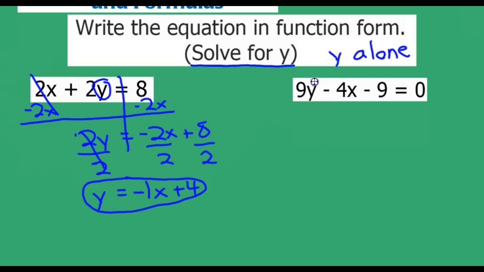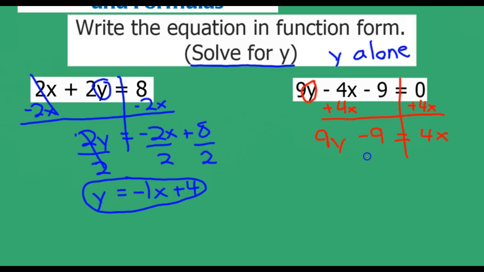Next one, we're getting y alone. That's our goal. So what I'm going to do first is I'm going to add 4x to get it over to the other side. So what we're left with then is 9y minus 9 equals 4x.